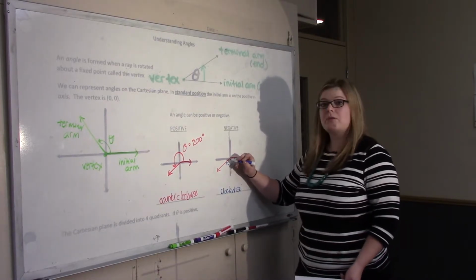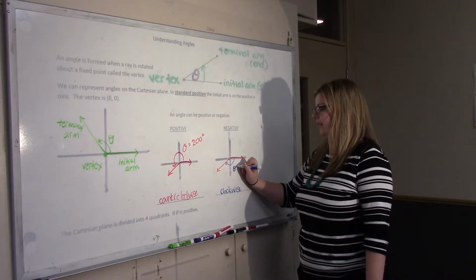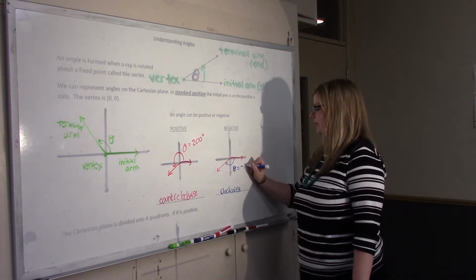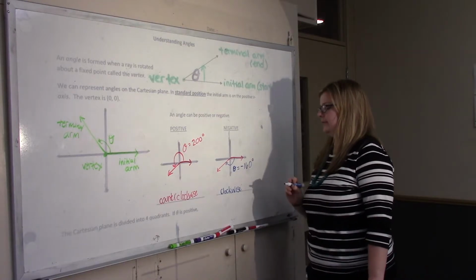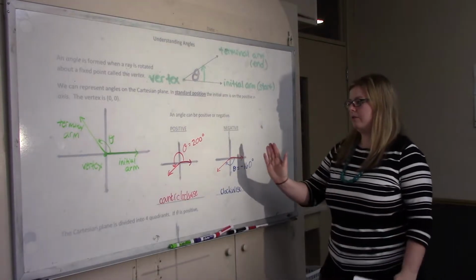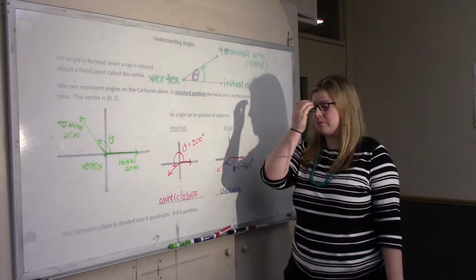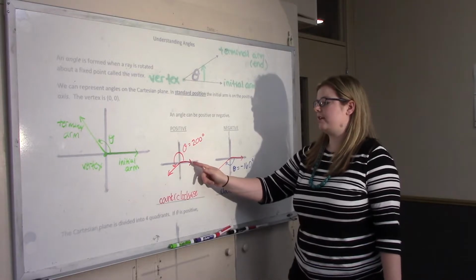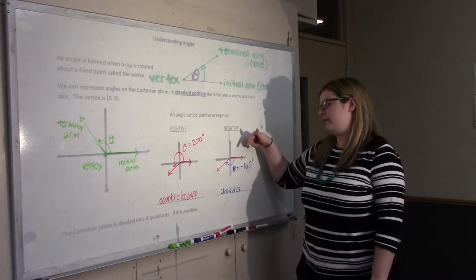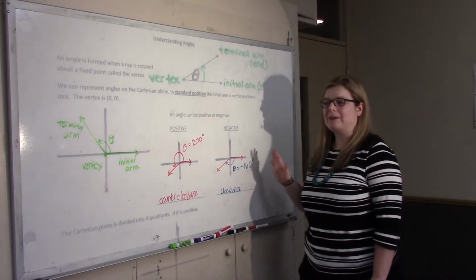If the arrow goes this way, then this theta is a negative angle. That would be negative 160 degrees. Positive angles, which is most angles we're dealing with, start here on the x-axis and rotate counterclockwise. If you rotate in the clockwise direction, that would be a negative angle.